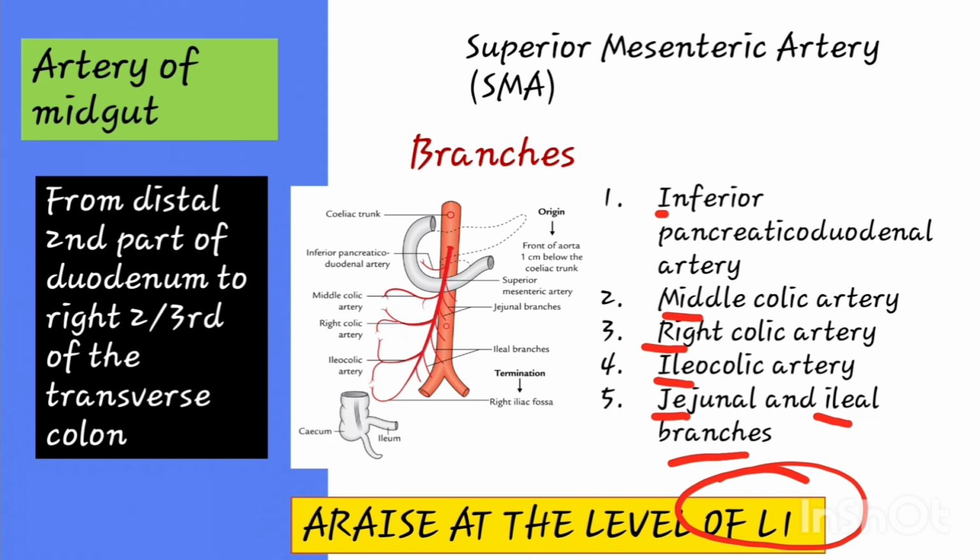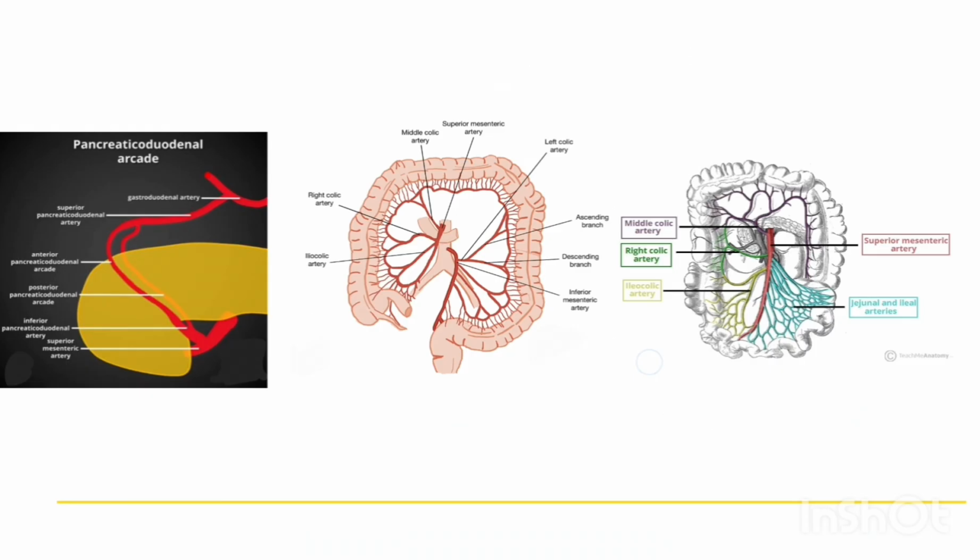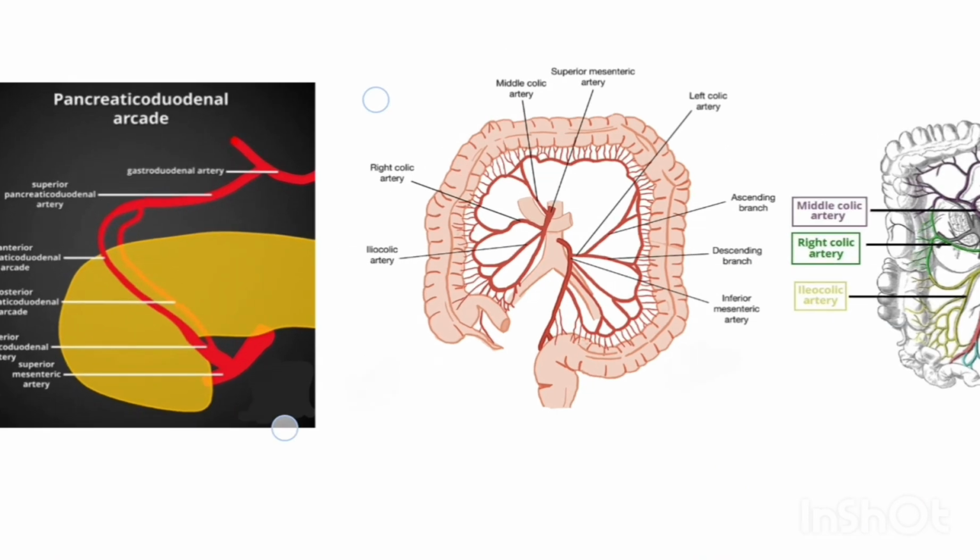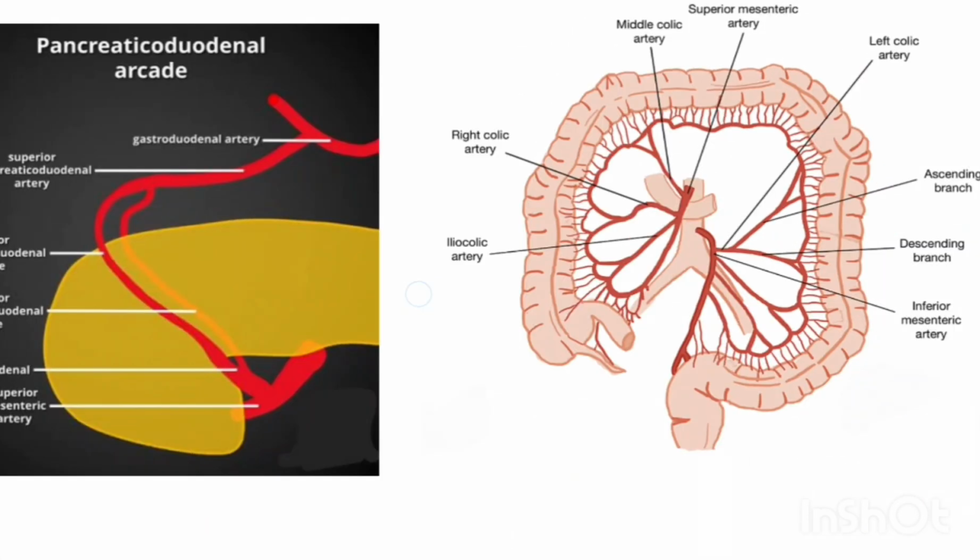All these branches have further branches, such as the inferior pancreaticoduodenal artery, which further has two branches. All these branches also anastomose, and we will see about it. First is the inferior pancreaticoduodenal artery.